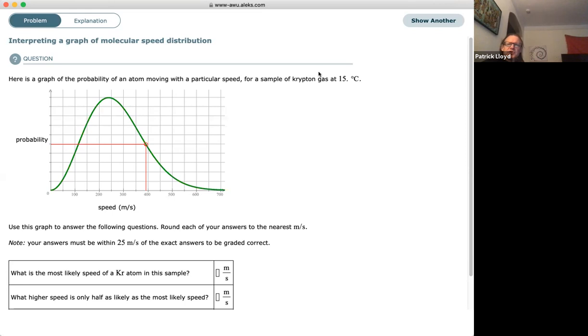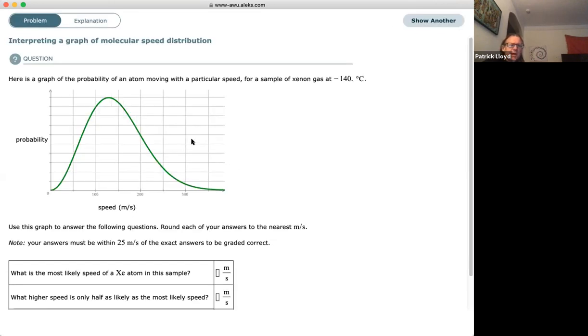Okay. Let's look at one more real quick. What is the most likely speed of xenon in this particular case? Now notice this is negative 140, very cold, and xenon, which is heavy. So they should be moving slower, right? Heavier, colder, slower, and they are. If you look at the scale here, 100, 200, 300, not 400, 500.